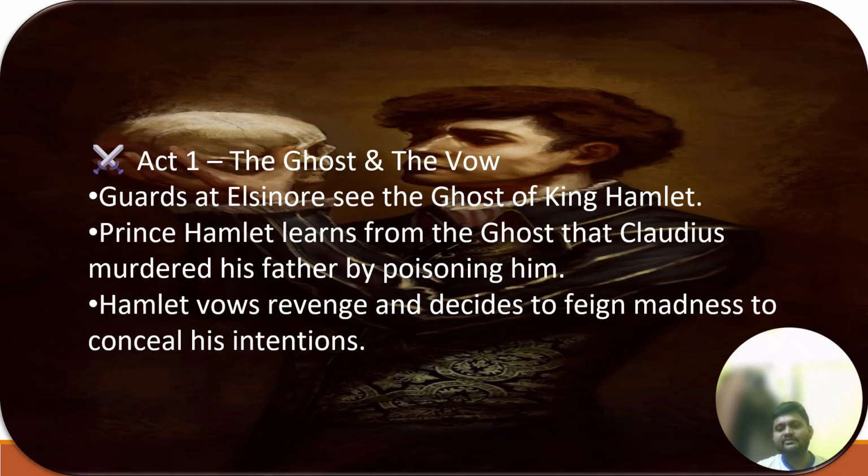Prince Hamlet learns from this ghost that his uncle Claudius has murdered his father by poisoning him, dropping poison into his ears. Hamlet vows revenge against his uncle Claudius and decides to act as a madman to conceal his true intentions of revenge.